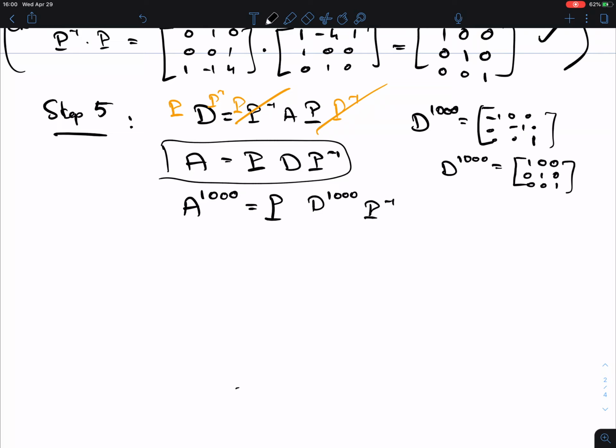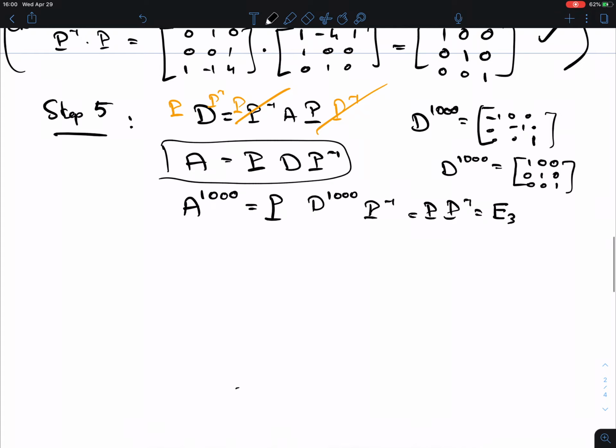And if that's the identity matrix, then this is P inverse P, that is just the identity matrix. So the 1000 power was the identity matrix. Okay, so A to the power negative 1000 is the same thing. It's an even power, although it's negative, it's still even, and therefore we get the same result.